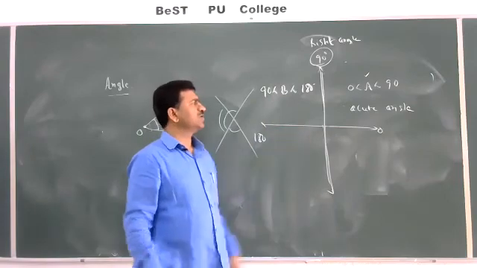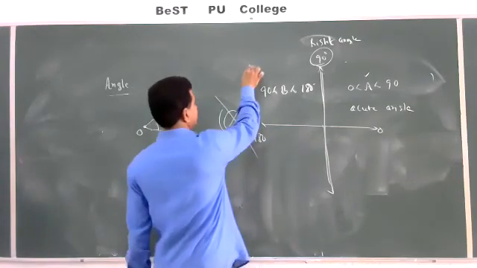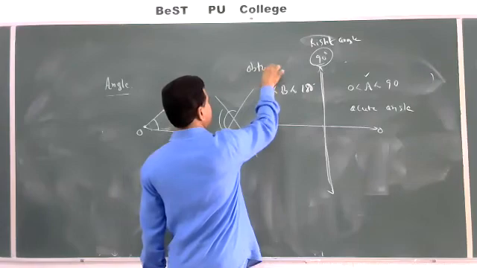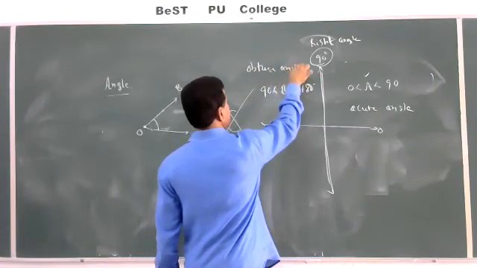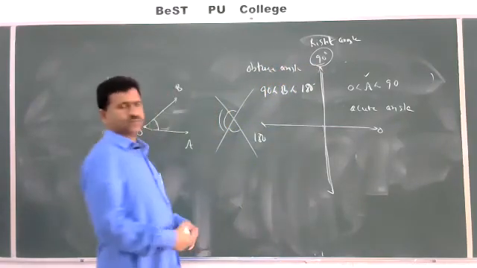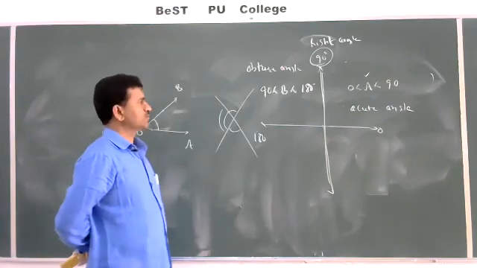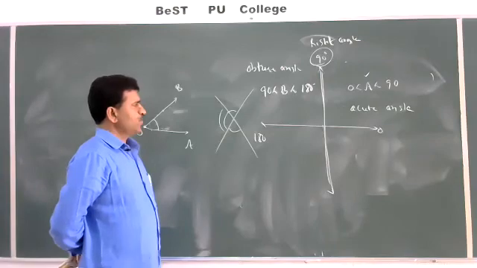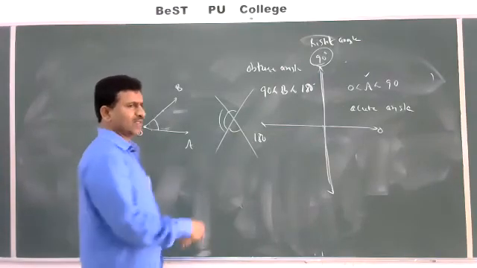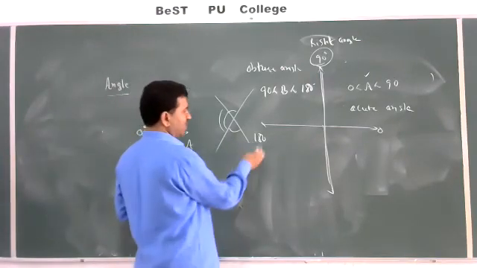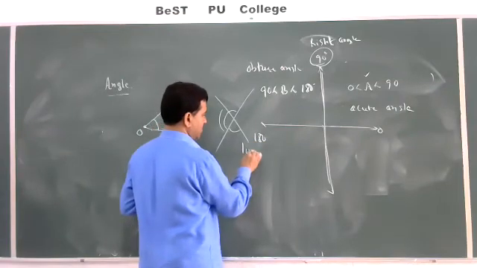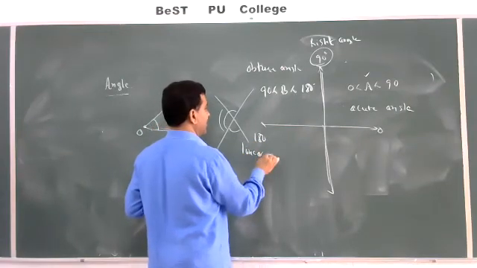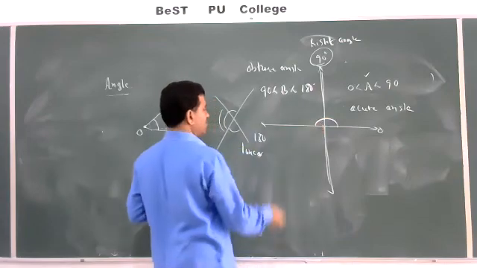This is called an obtuse angle. 180 degrees is called a complete angle, sorry, a linear angle. 180 degrees is called a linear angle.